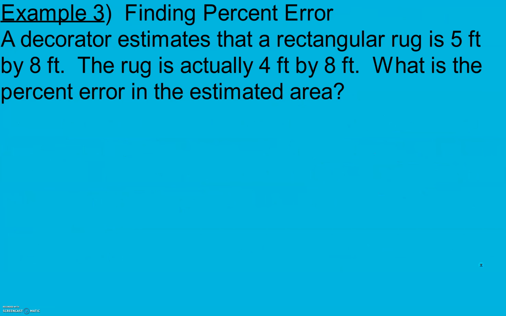A decorator estimates that a rectangular rug is 5 feet by 8 feet. The rug is actually 4 feet by 8 feet. What is the percent error in the estimated area? So here we're talking about area. So we need to figure out what our 2 areas are, the estimate versus the actual.